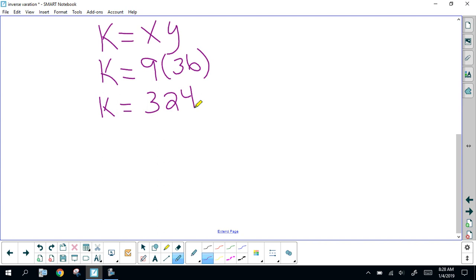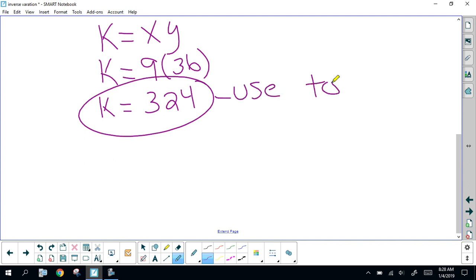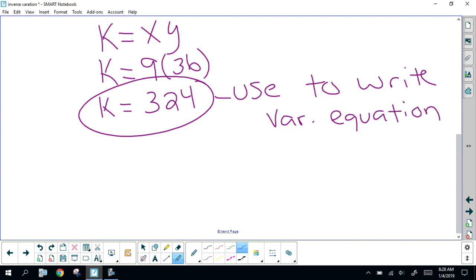Once you find K, then we're going to use K to write the variation equation. This is the second formula I gave you.